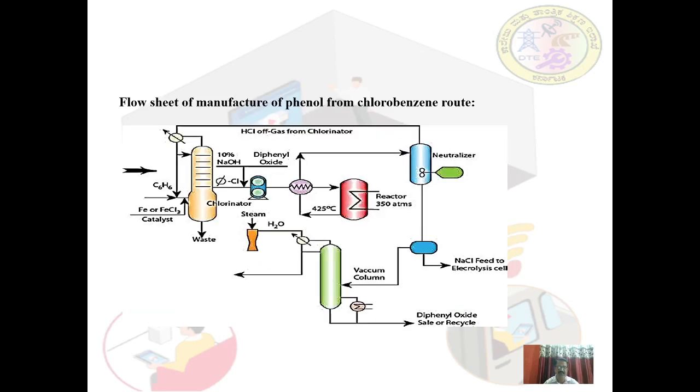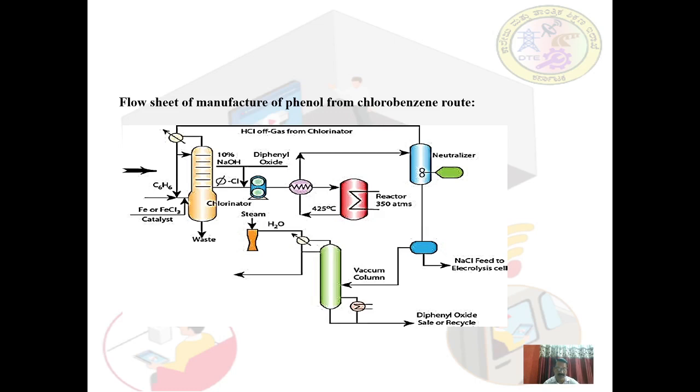This is the flow diagram for the production of phenol from chlorobenzene route. Here, dry benzene and catalyst of iron turnings or anhydrous ferric chloride are charged continuously into a chlorinator.